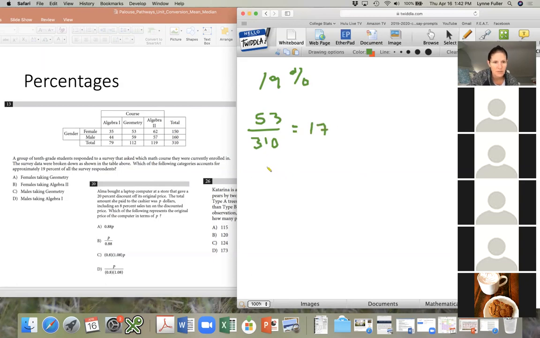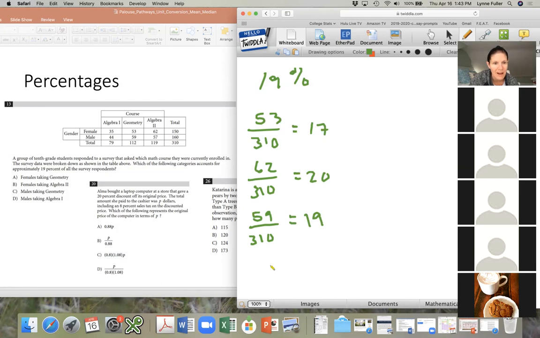Females taking algebra 2, that's 62 over 310, which is approximately 20% of all respondents. Males taking geometry, which would be 59 out of 310, which is 19%. Okay, so it seems like we're hitting the nail on the head here.